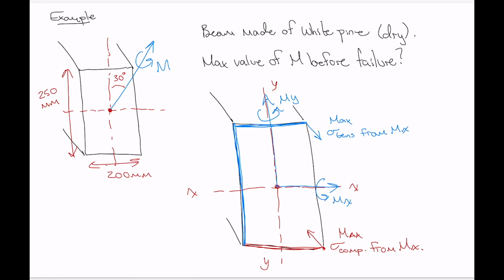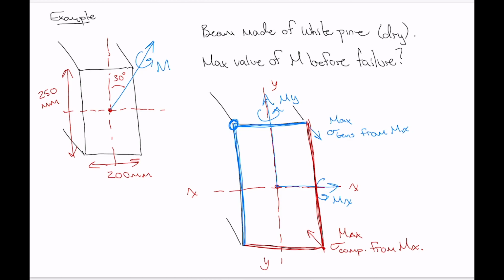Compressive stress doing the opposite. So 0 along the neutral axis of bending and then compressive stress increasing as we move outwards so that the location of maximum compressive stress from My is this edge over here. So if we look at this corner here, at that corner we've got the maximum tensile stress from Mx adding to the maximum tensile stress from My.